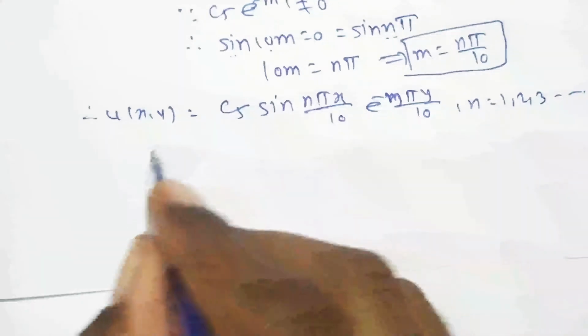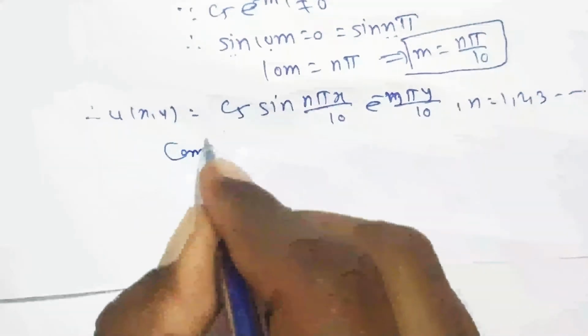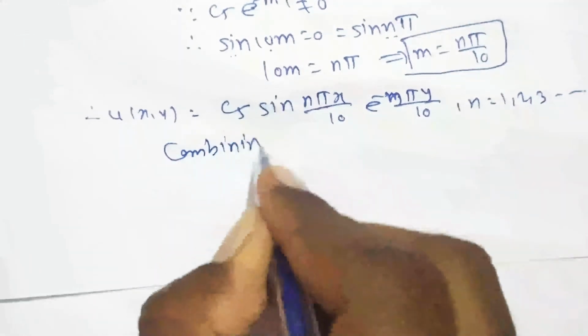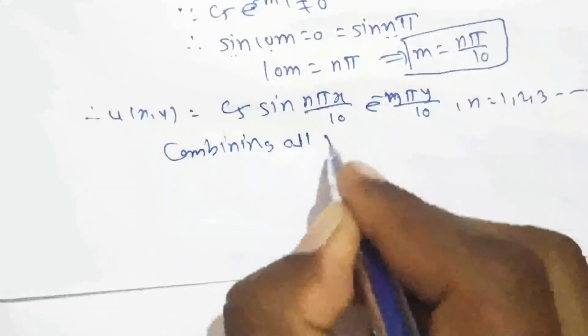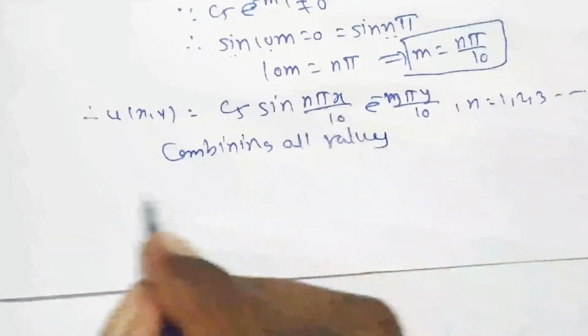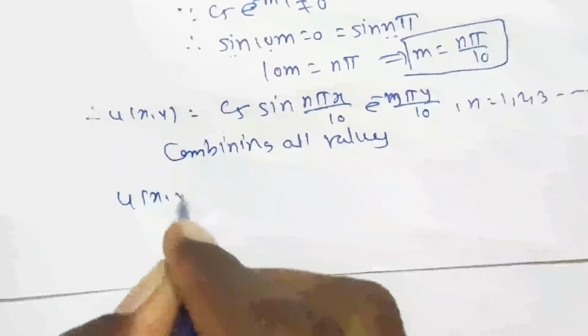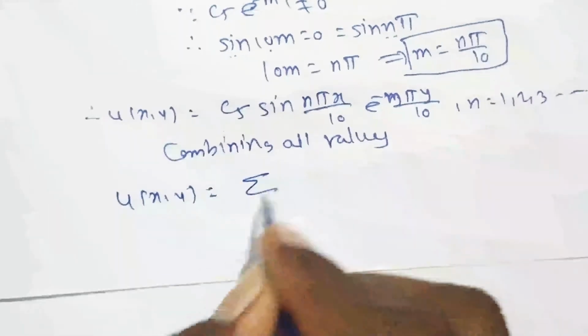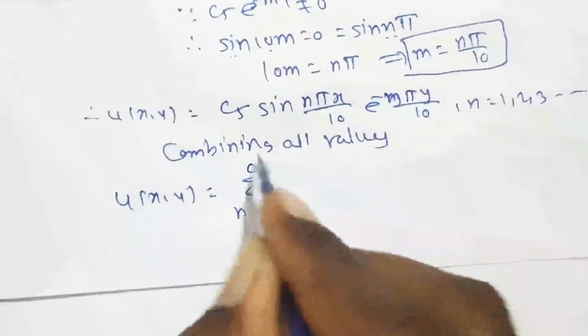Again if you put n equal to 1, 2, 3 then c5 will vary. यदि c5 वैरी हो गया तो we can combine all values here. Combining all values means for n equal to 1, n equal to 2, n equal to 3, how do we write this? This can be written as summation of n varies from 1 to infinity.